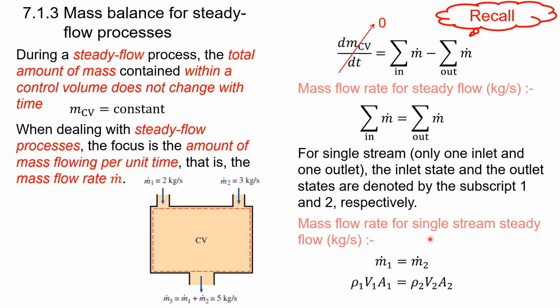Mass flow rate for single stream steady flow: since the summation is over multiple streams, if it's only a single stream, you only take one. So m1 dot equals m2 dot. This is your continuity equation: rho 1 v1 A1 equals rho 2 v2 A2.